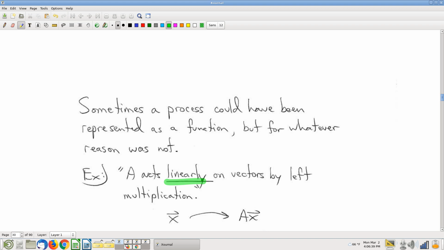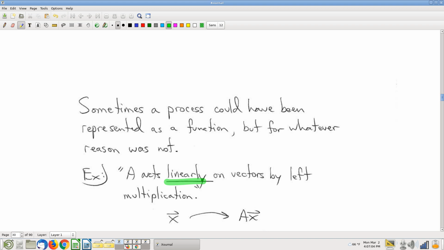The first step is, in recognizing that the word linear has been used, you should identify that somewhere in this sentence, this description, there is a function. So your step one is to identify what is the function that's part of this story in which the word linear is being used.